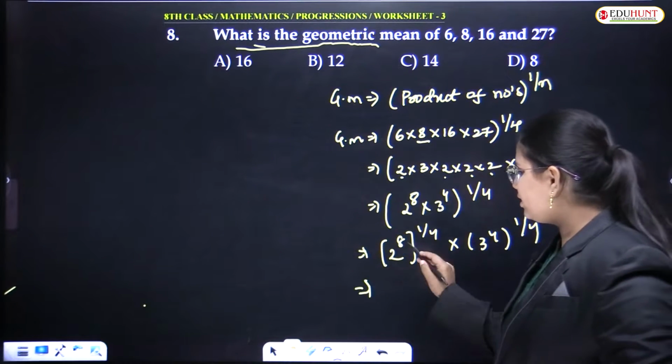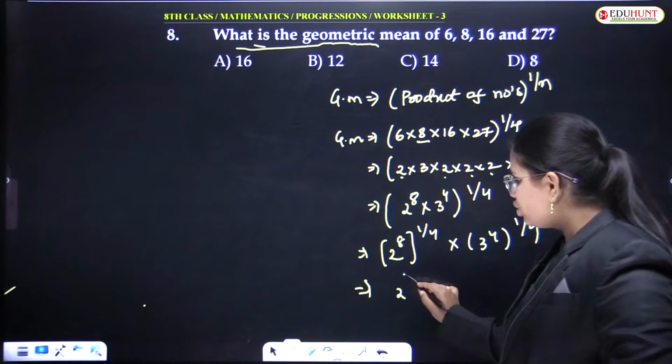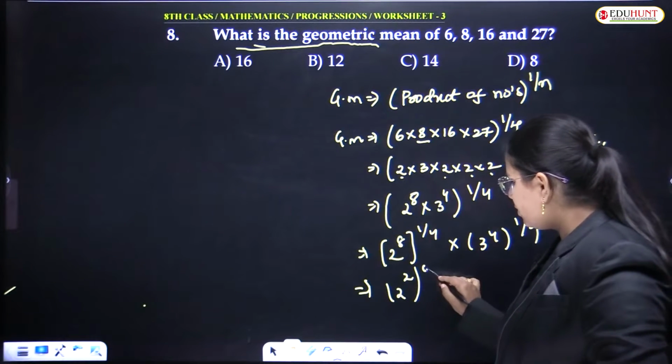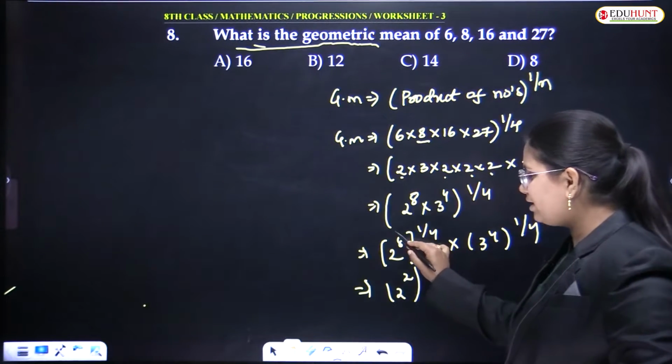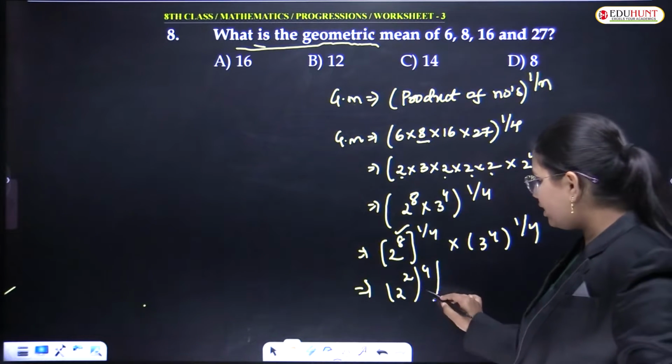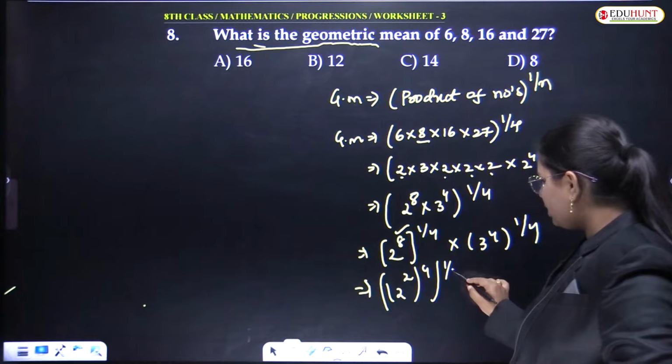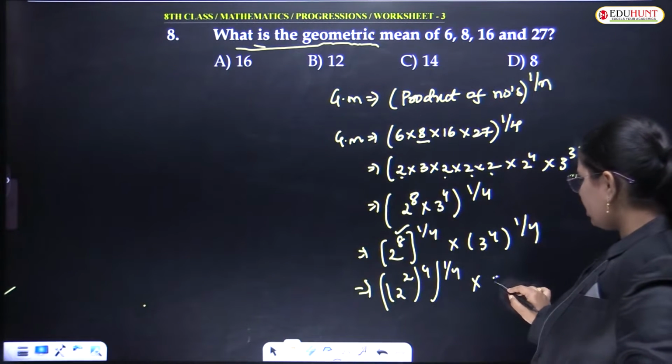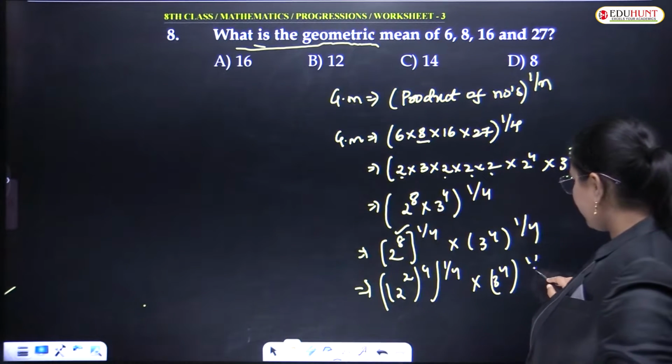So 2 power 8 is further expressed as 2 square whole power 4, because 2 fourths are 8, and this is multiplied with the power 1 by 4. Similarly, 3 power 4 whole power of 1 by 4.